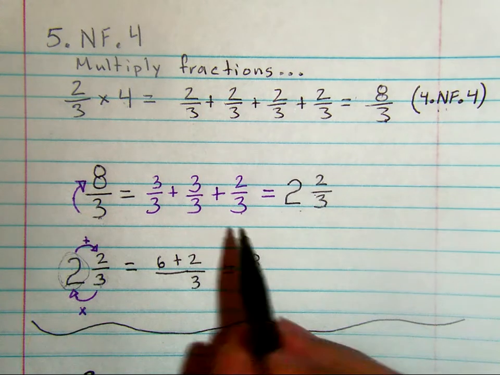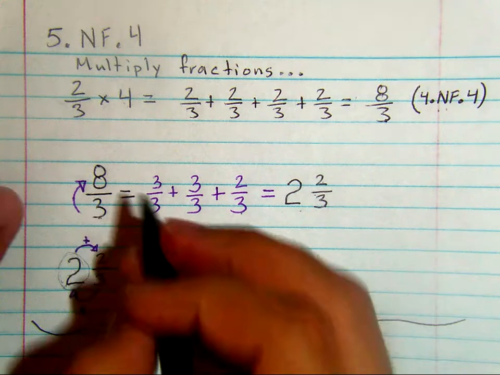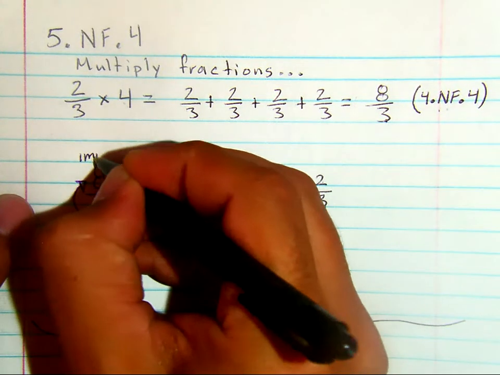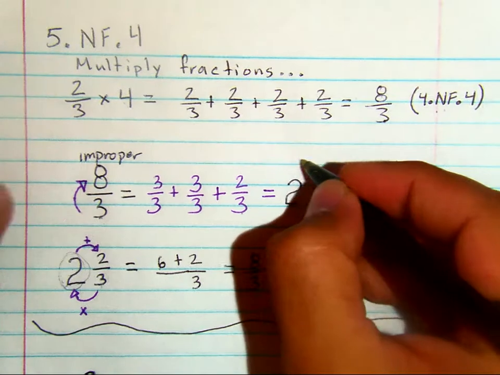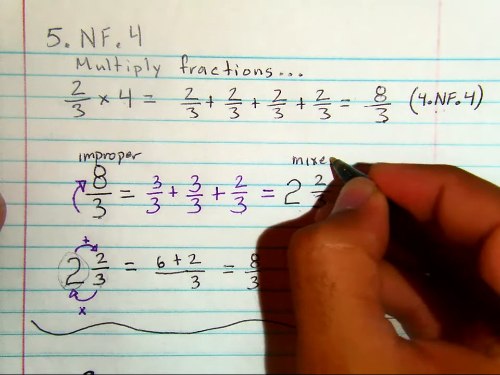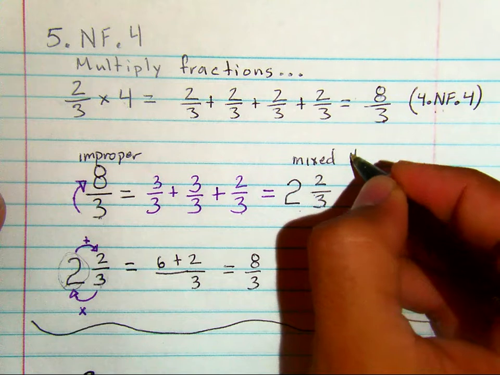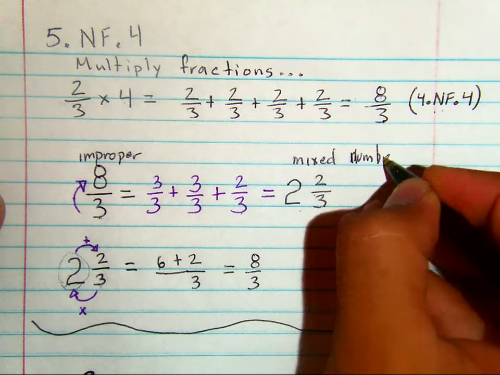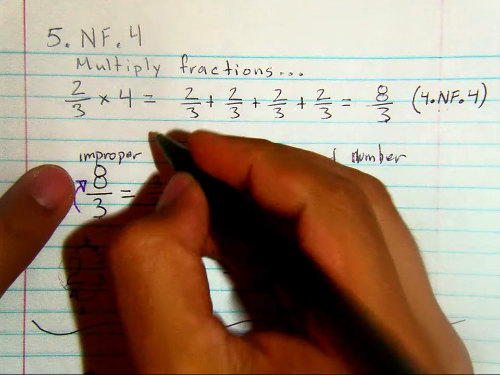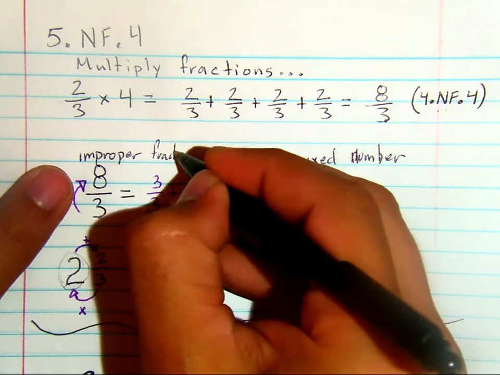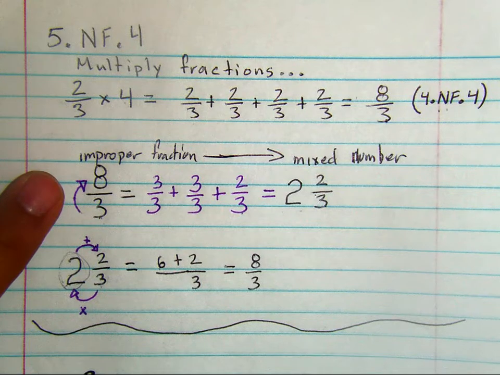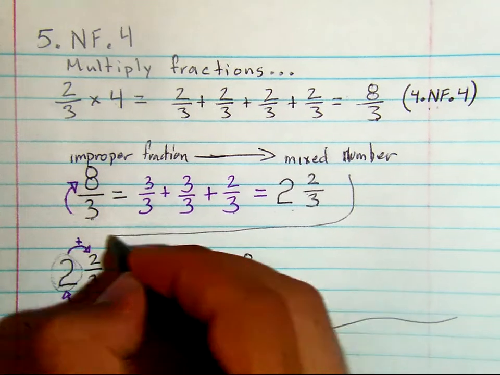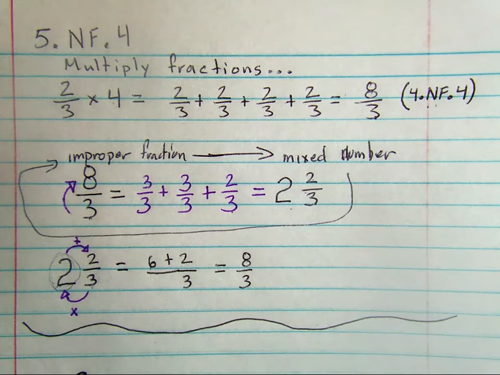And so you can change them from an improper fraction to a mixed number. I'll just write it out. An improper fraction can be changed into a mixed number and then back into an improper fraction.